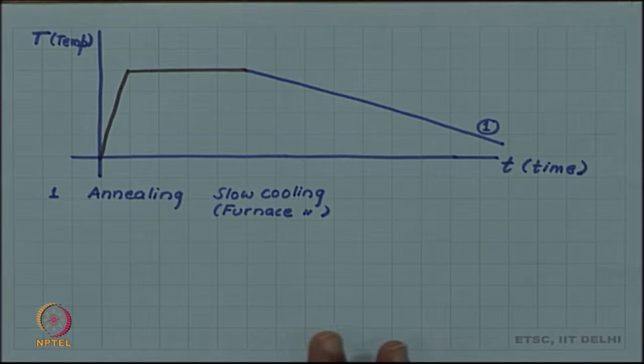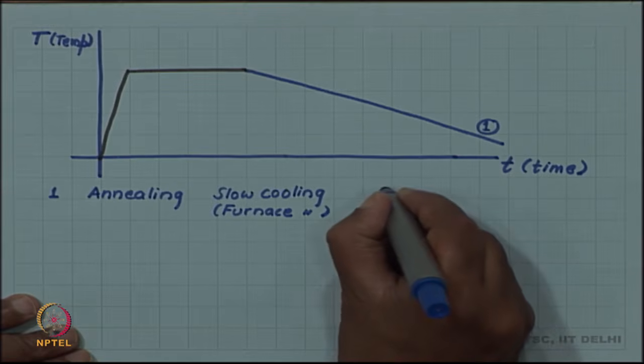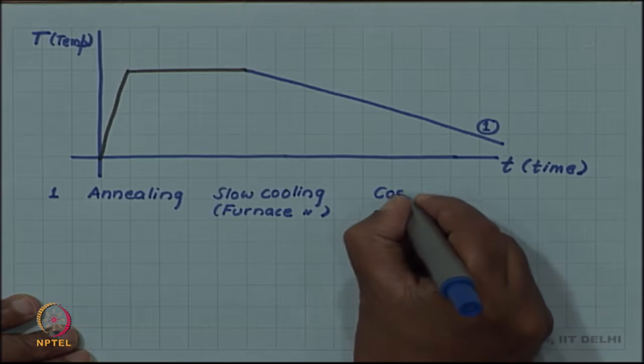So, it will cool along with the furnace and the cooling will be very slow. This is the heat treatment which gives you coarse pearlite.